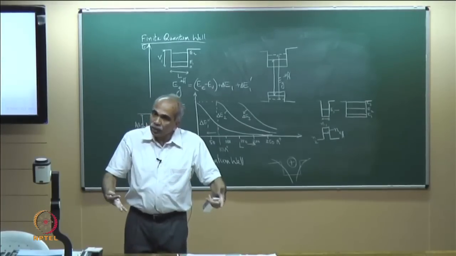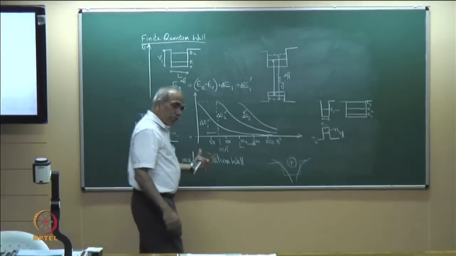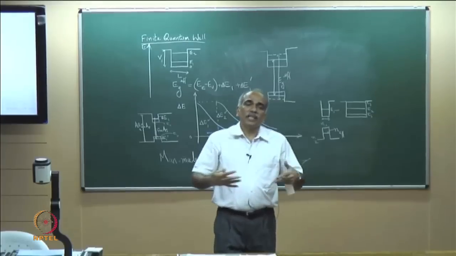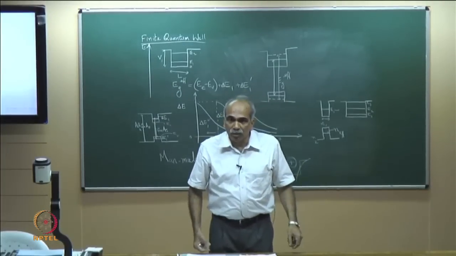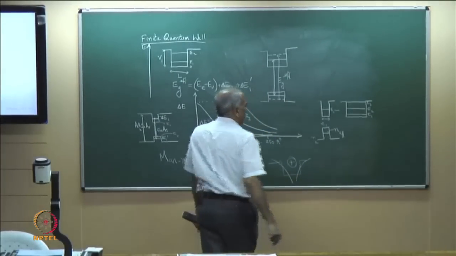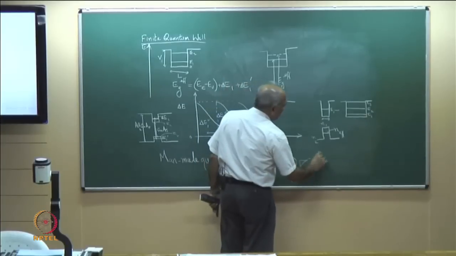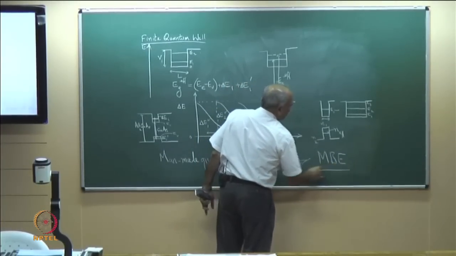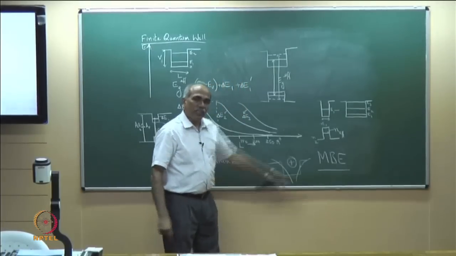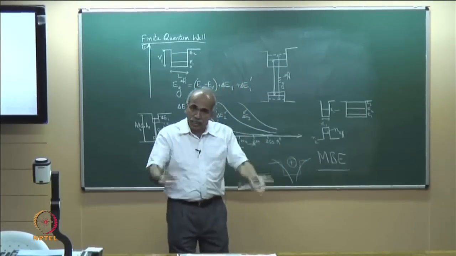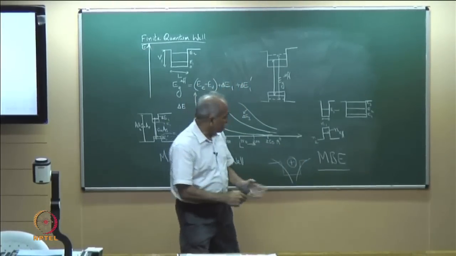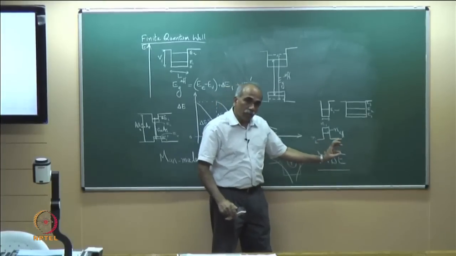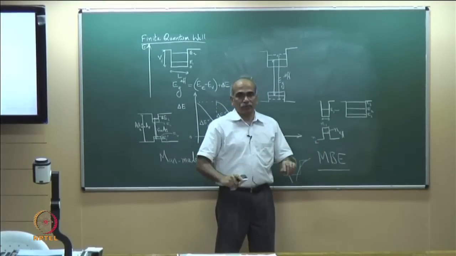Of course, one can change the composition, but when you really look at fabrication processes like MBE or VPE, you can change the composition, but it is very difficult to control the composition to the required value.